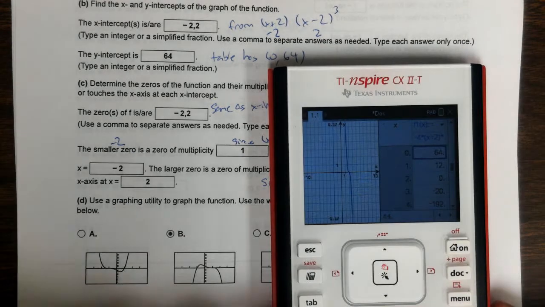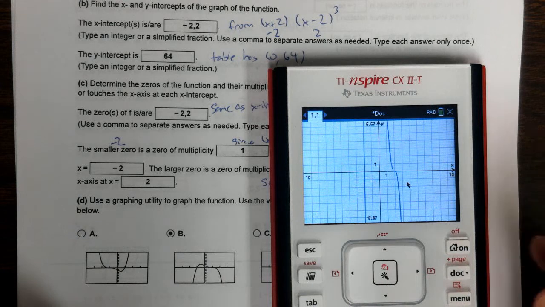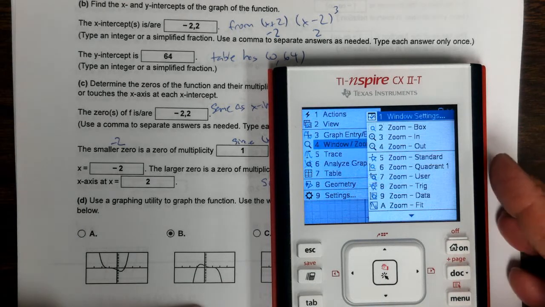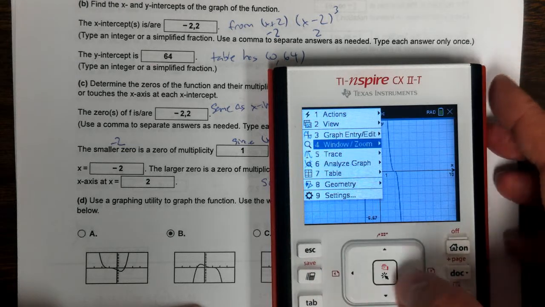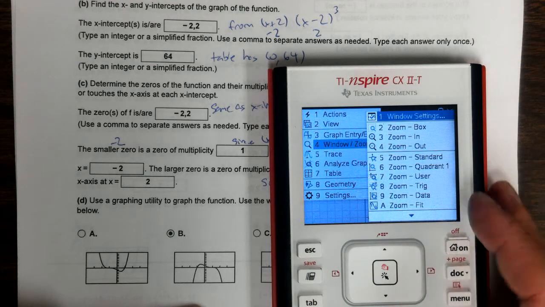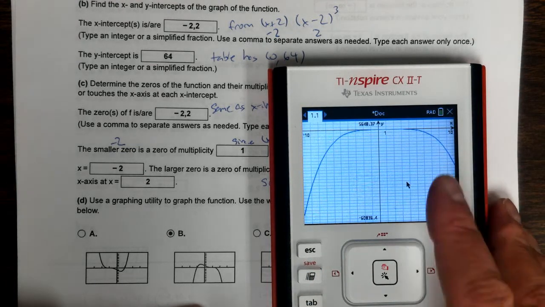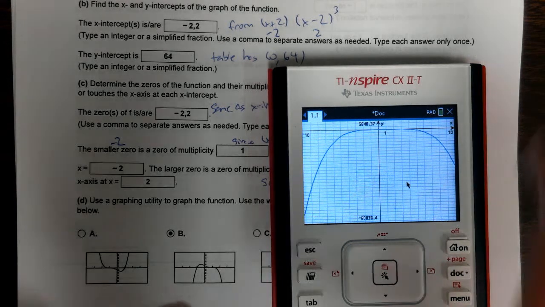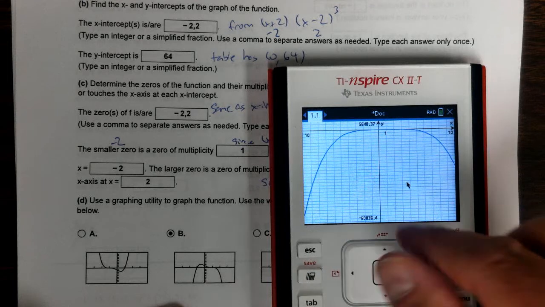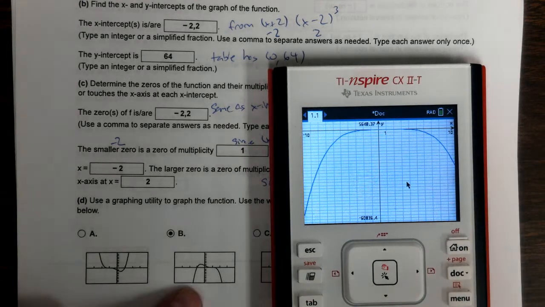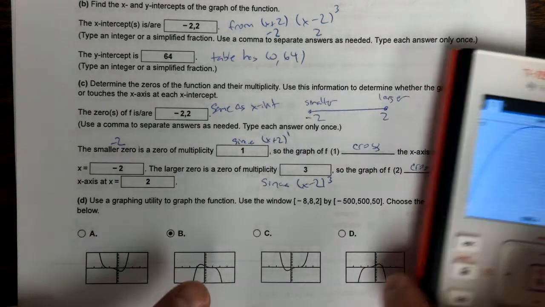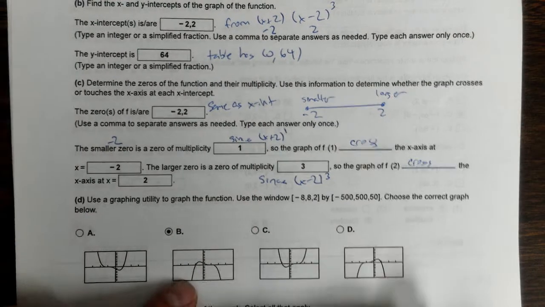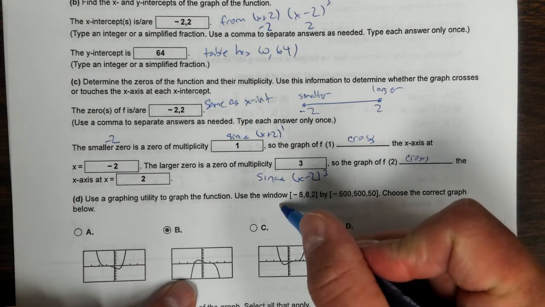Now when we graph this, I'm going to do zoom fit in this case. Zoom fit is A. So mine looks like that. You can't really see this little bubble deal. Oh, you know what? Don't use zoom fit.